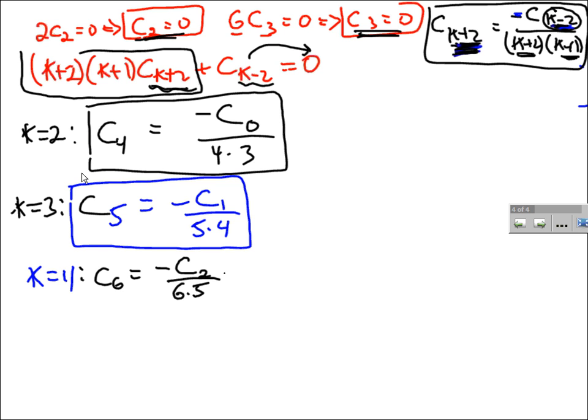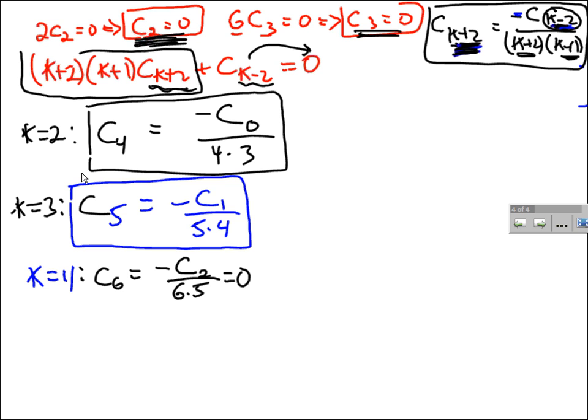But now this is equal to 0 because c sub 2 is 0. Negative 0 is 0 over 30. That's 0. So c sub 6 is 0.